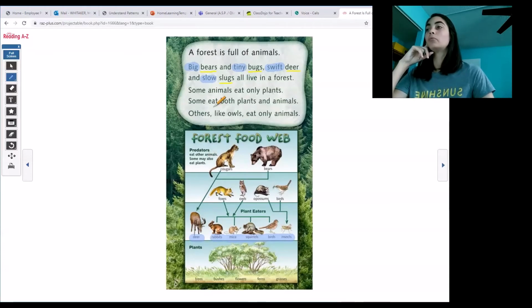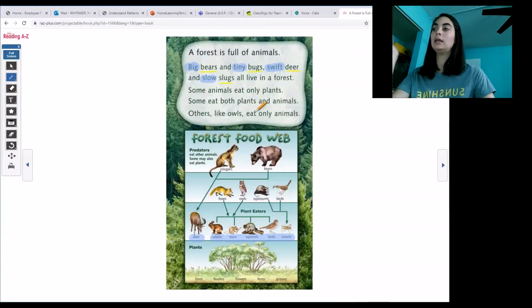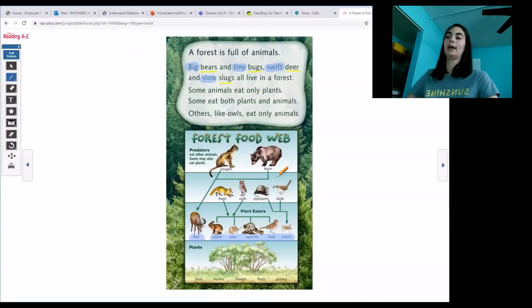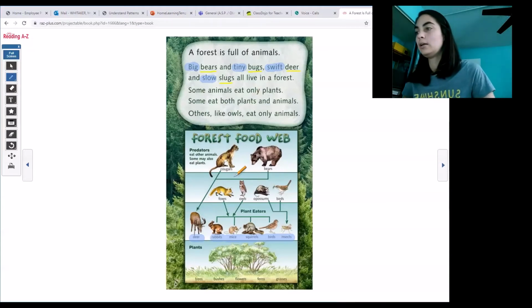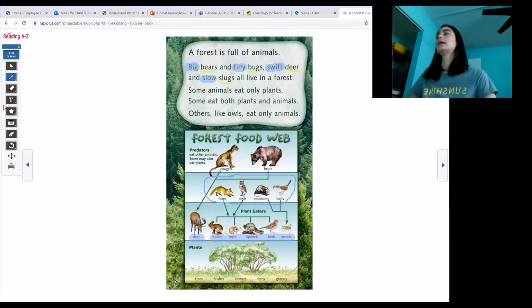But if I'm reading my story and I'm looking at my diagram, it says others, like owls, eat only animals. So anything that's categorized with owls is only going to eat animals. So we're going to circle it right here. So foxes, owls, possums, and birds. All right. Next.